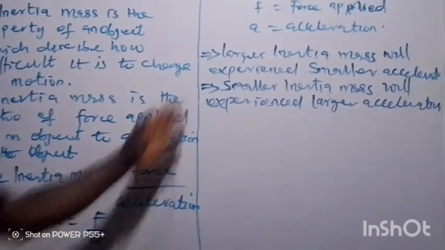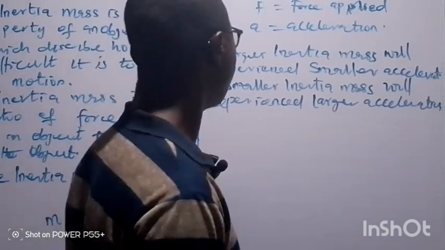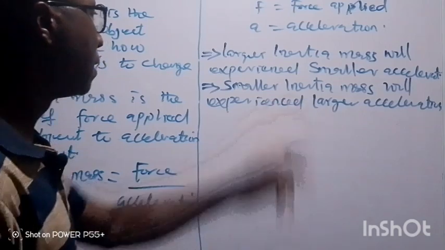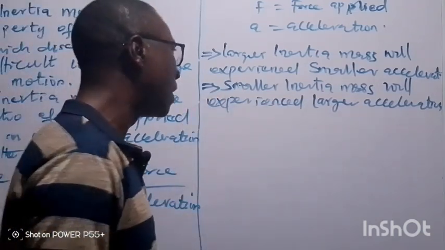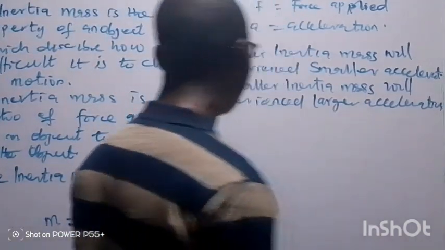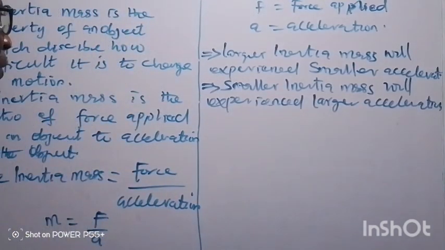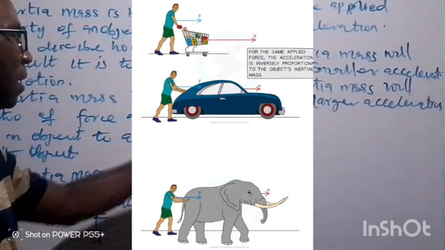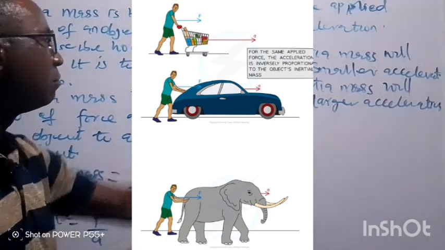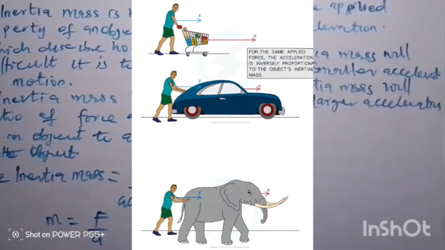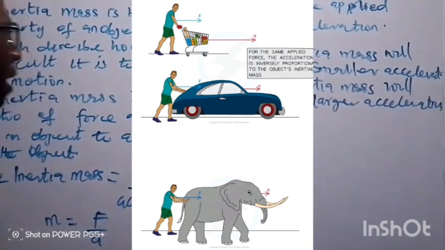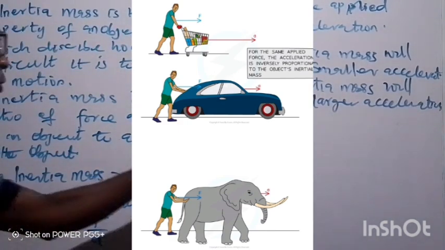To illustrate these two statements on the board, that is, larger inertial mass will experience smaller acceleration, and smaller inertial mass will experience larger acceleration. From the screen, you can see three figures: the man pushing the wheelbarrow, the man pushing the car, and the man pushing the elephant.